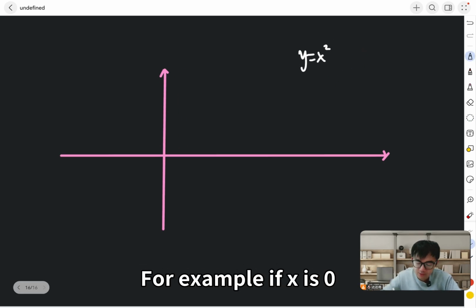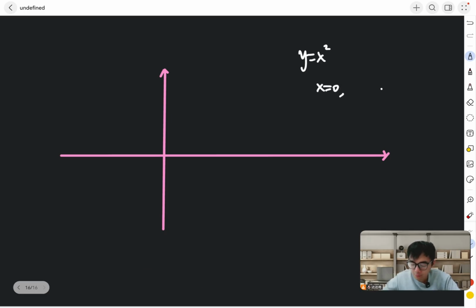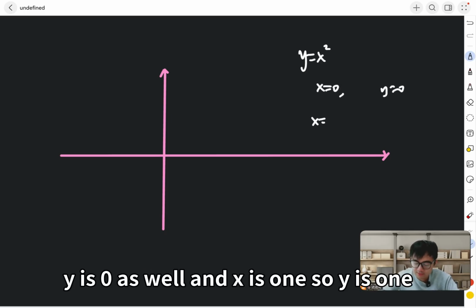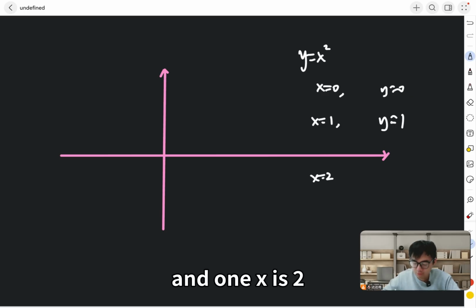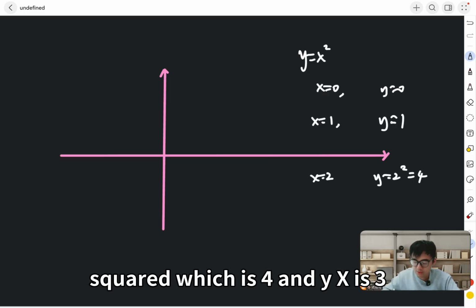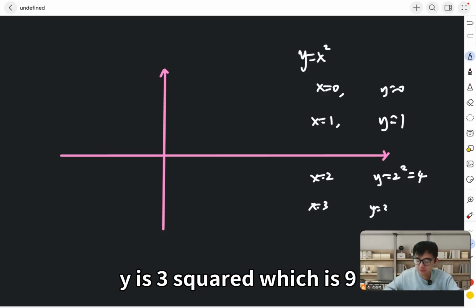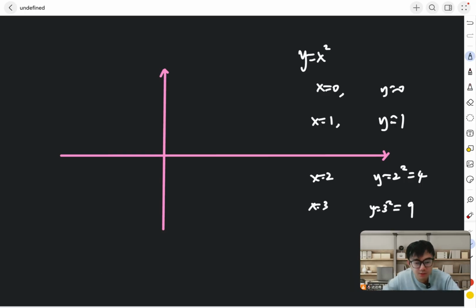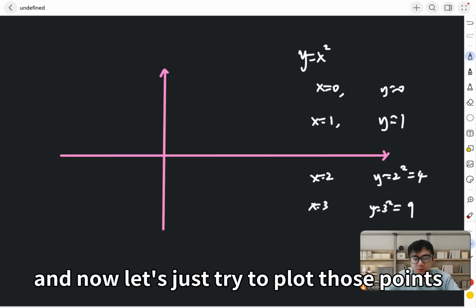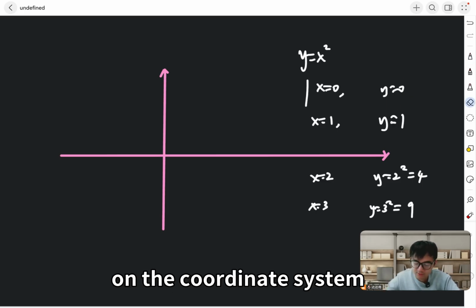For example, if x is 0, y is 0 as well, and if x is 1, y is 1. If x is 2, y equals 2 squared, which is 4, and if x is 3, y is 3 squared, which is 9. Now let's plot those points on the coordinate system.